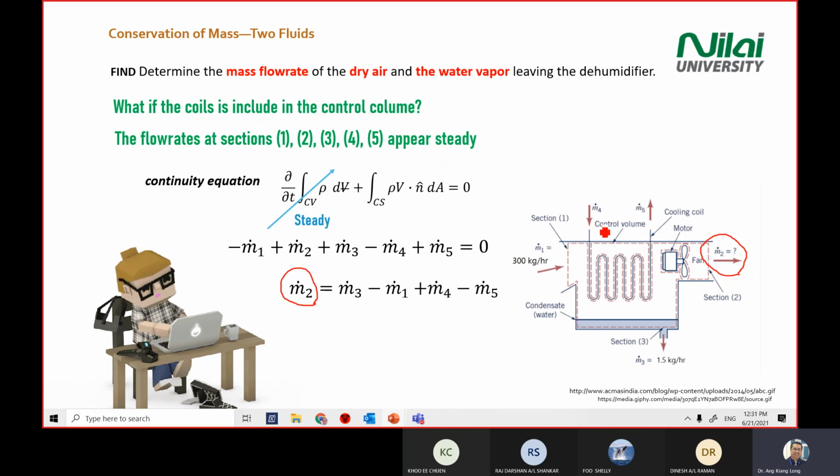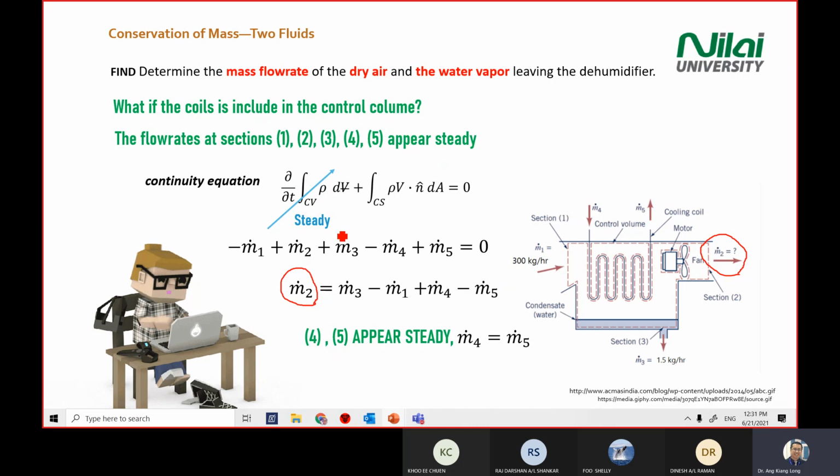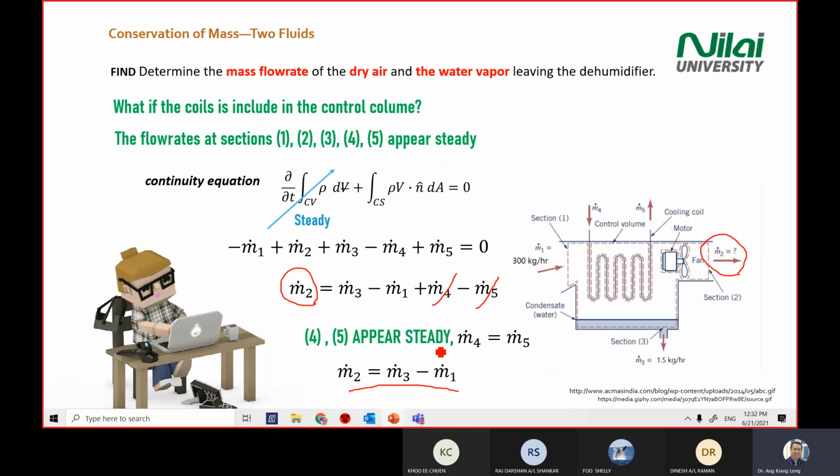Although no value is given in the question, if you have a steady system, M dot 4 and M dot 5 will be equal, meaning there's no leakage inside the pipe, and the mass is steady from in to out. So M4 equals M5, then you can cancel 4 and 5. At the end, you still arrive at M2 minus M1.